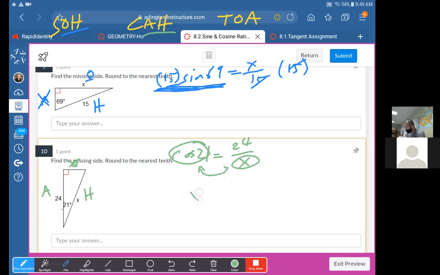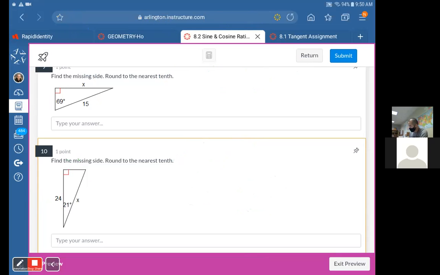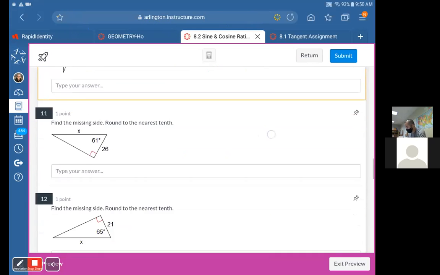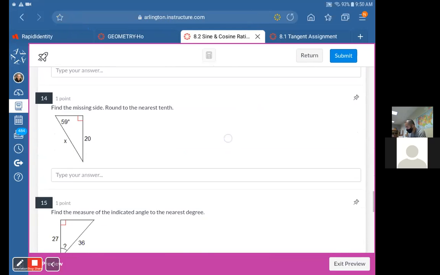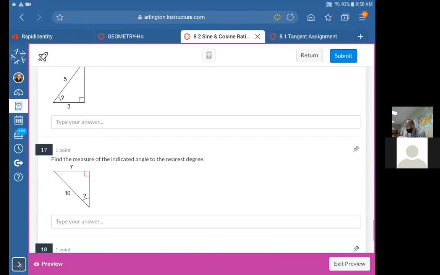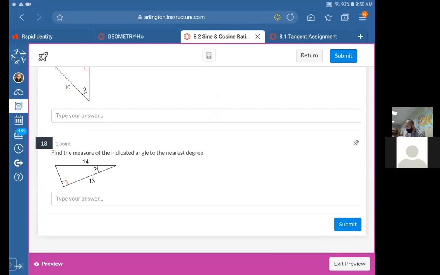You have x equals 24 over cosine 21. Plug that in the calculator, you have your answer. Let's see what else is on here. Yeah, and so the last thing on here is just finding the missing angle.